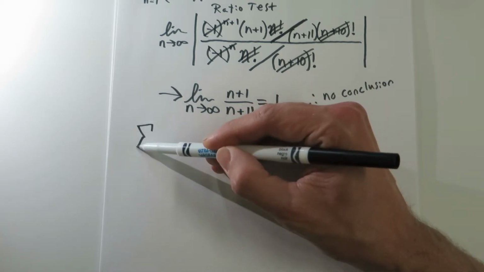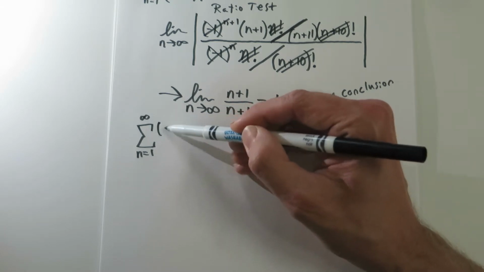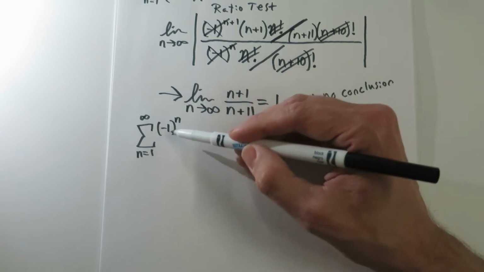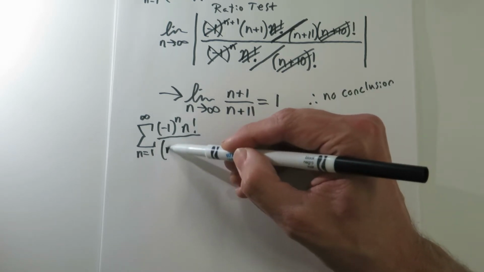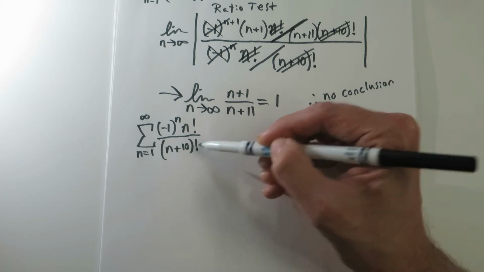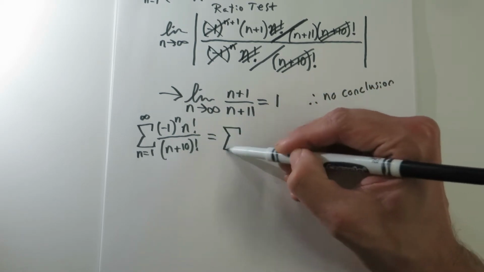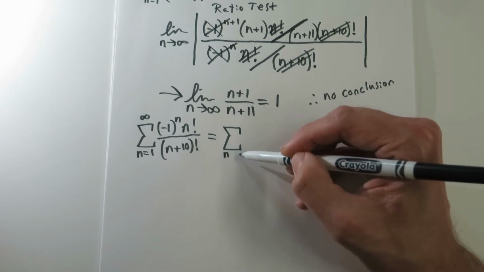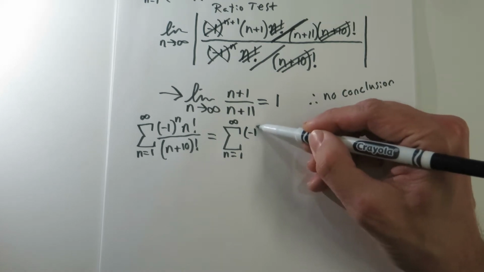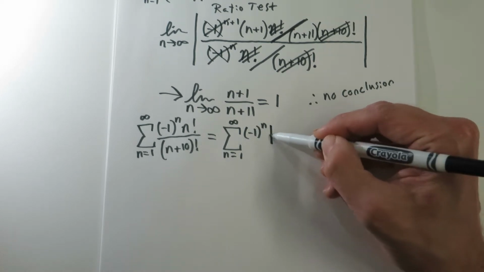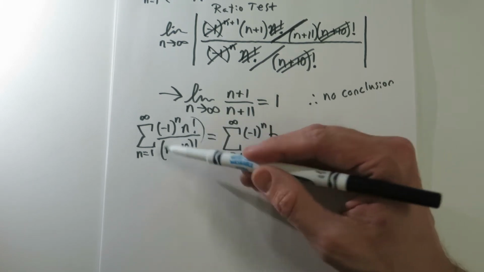So I'll go ahead and rewrite it here. The series from n equals 1 to infinity of negative 1 to the n times n factorial over n plus 10 factorial is just equal to the series from n equals 1 to infinity of negative 1 to the n times b sub n, where b sub n, like we said, is all of this stuff here.